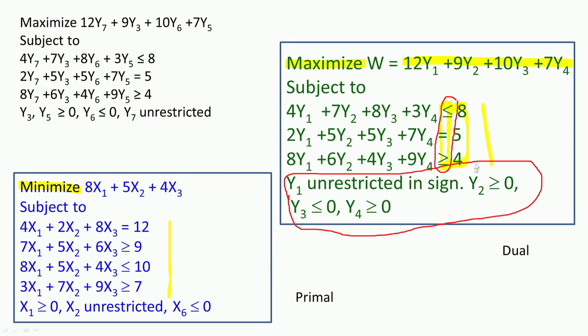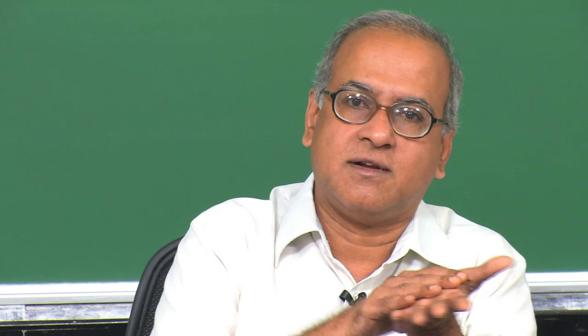So there is a relationship between constraint and variable, and a relationship between variable and constraint. So we observe that the first constraint is an equation, the first variable becomes unrestricted inside. The second variable is unrestricted in sign, the second constraint becomes an equation.